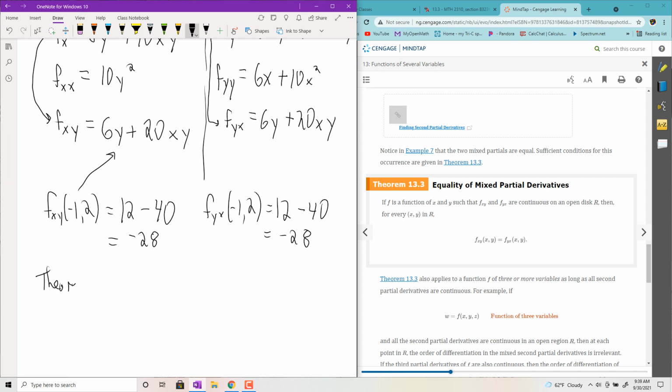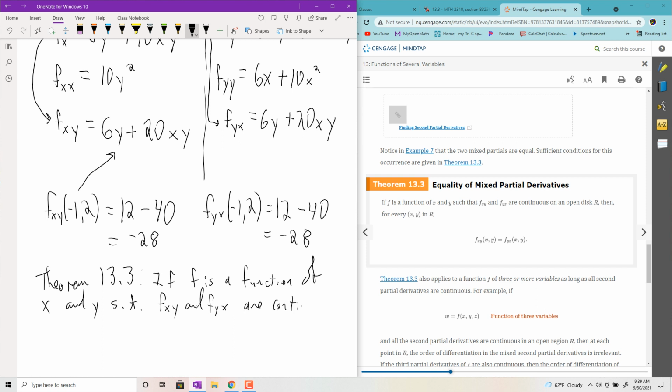Theorem 13.3 is on the equality of mixed partials. It basically says if f is a function of x and y such that fxy and fyx are continuous on some region, some disk R, for every xy in that R, then the 2 mixed partials are the same.